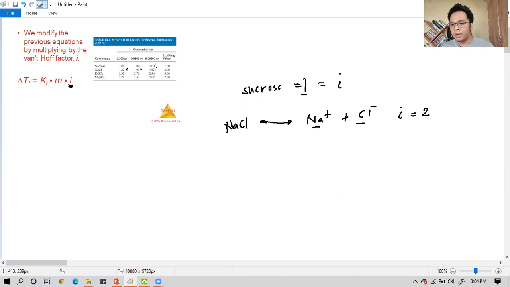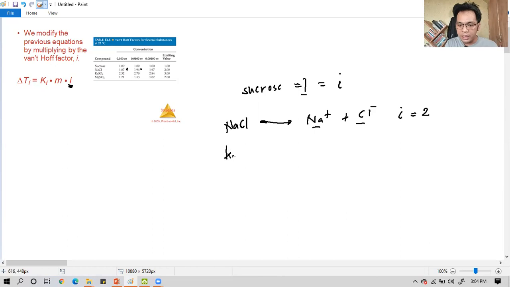Because there is some reassociation happening between those 2 ions at higher concentration, so it is reduced. I forgot the term for that, but there's a term for the interaction between those ions. It is not reassociation, that's just a synonym, but there is an actual term for that. Okay? So, I'll just discuss that.